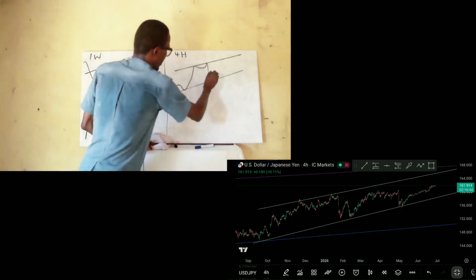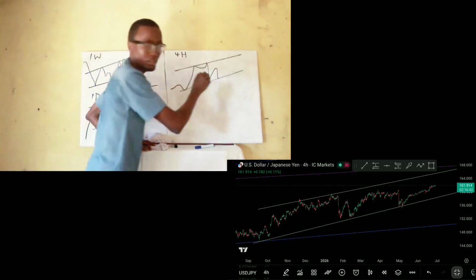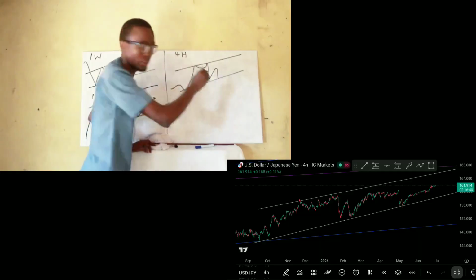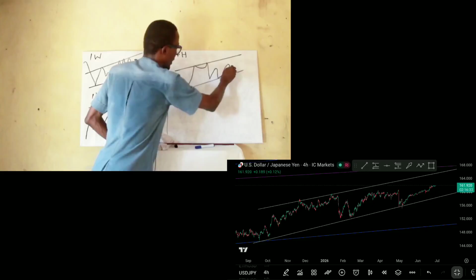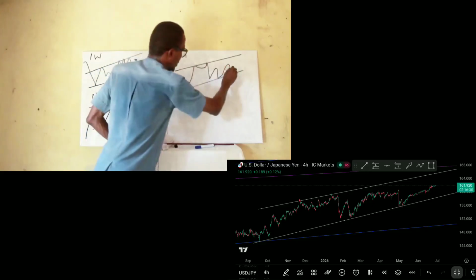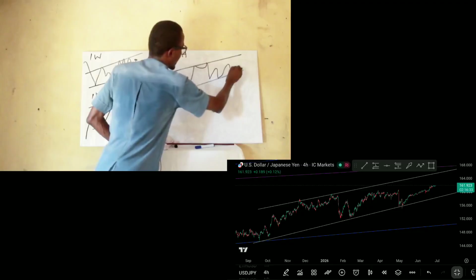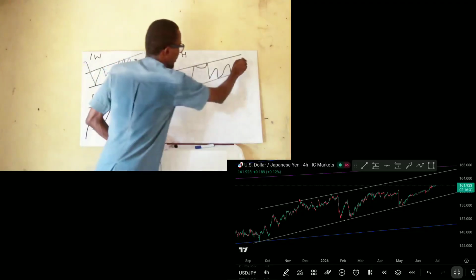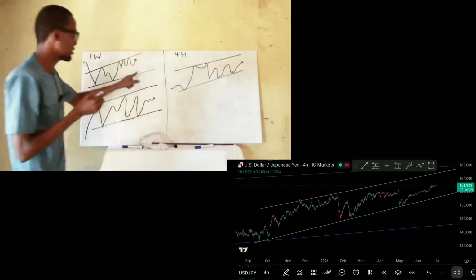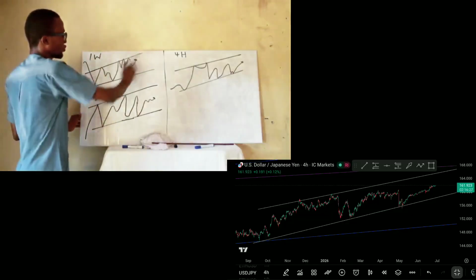It did not touch here, it just came up. Came down, did not touch, then it came up. Then it came down again and touched here. It touched twice. That's how they're going up. So this one is going up.